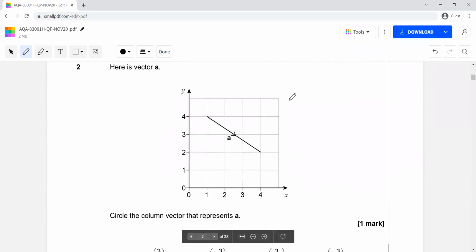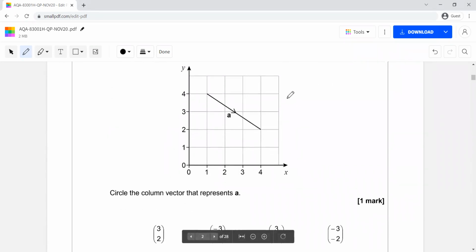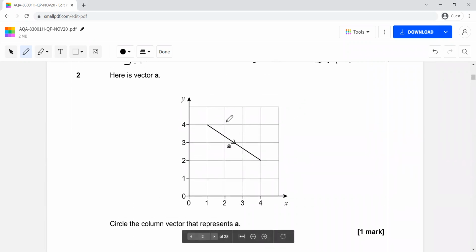Here is vector A. Circle the column vector that represents A. Okay. So a thing to remember when you're working with questions like these, remember that movement, either left or right, is relative to the x-axis, and movement up and down is relative to the y-axis.